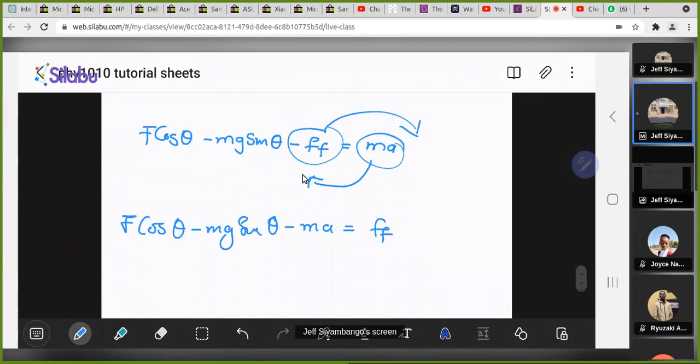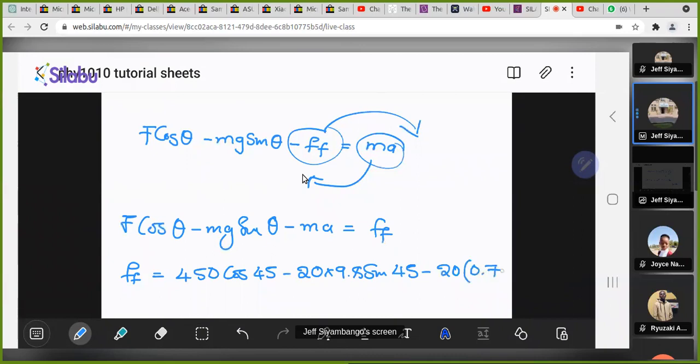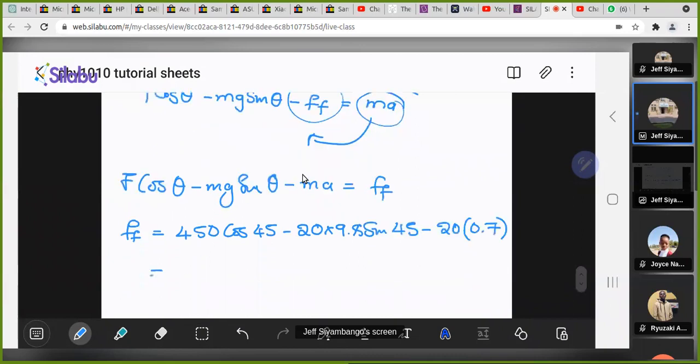So we can now substitute. I'll start with the right-hand side. F is 450. The angle is 45, minus the mass is 20, g is 9.8, sine 45. Then minus the mass again 20, then the acceleration 0.7. So now we just simplify this. So that is 450 cos 45.